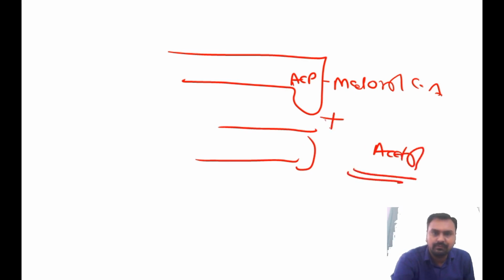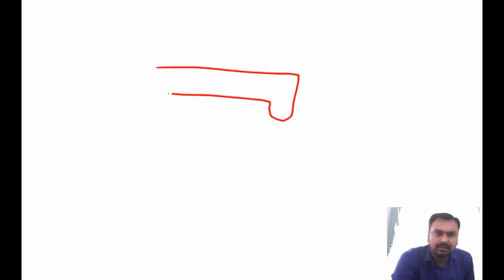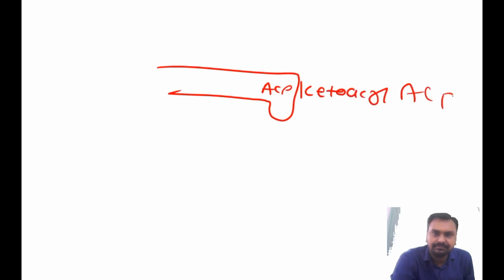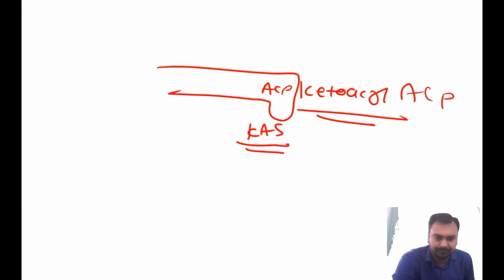Now these two, with the help of ketoacyl synthase, acetyl CoA will be transferred, and here at the ACP region it will form ketoacyl ACP with the ketoacyl synthase enzyme.